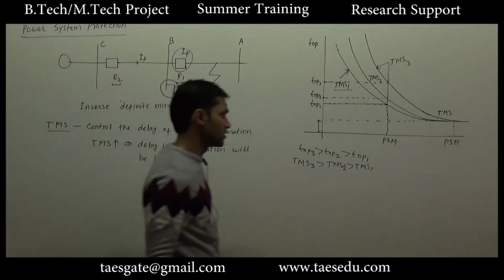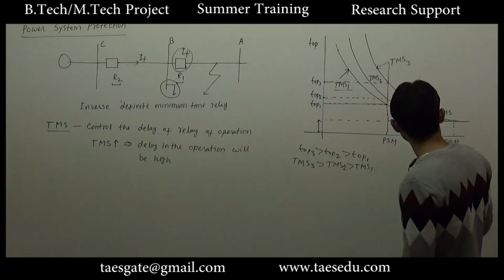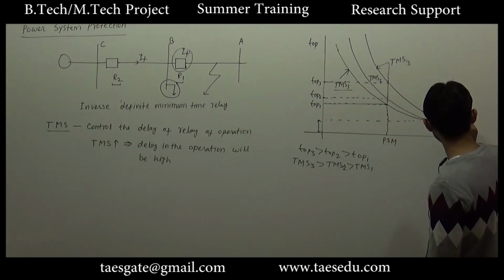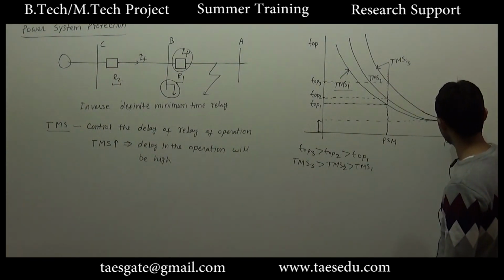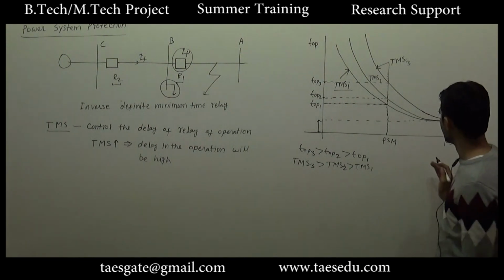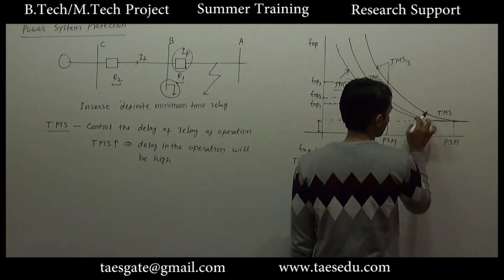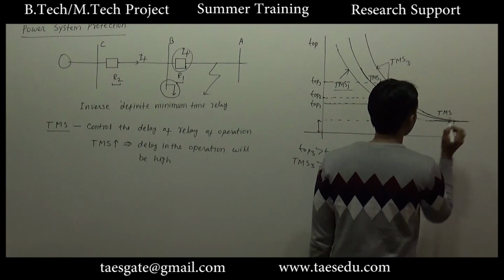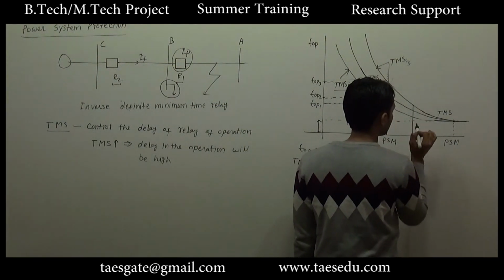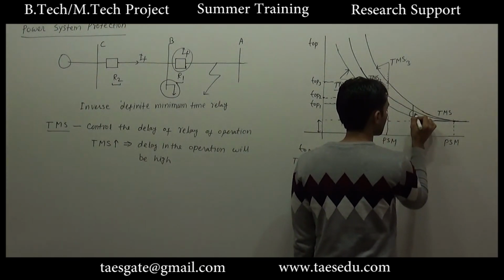This can also be observed. This is also a fact that for higher value of PSM, like at this point, the difference in the delay for the three graphs is 0. As you will move in the left direction, let's say at this point, this is the gap.